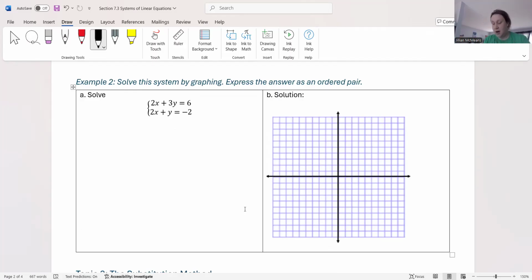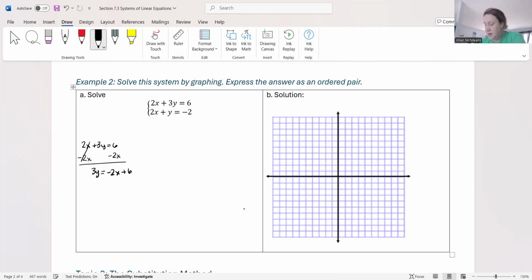We have 2x plus 3y equals 6. I want to solve this for y. So I need to isolate the 3y, which means I need to move the 2x. I do that with subtraction. On the left, the 2x's cancel because 2x minus 2x is 0. That leaves me with 0 plus 3y, which is just 3y. And then on the right, put the x term first, the constant term second, which is the format we would write a linear equation in.